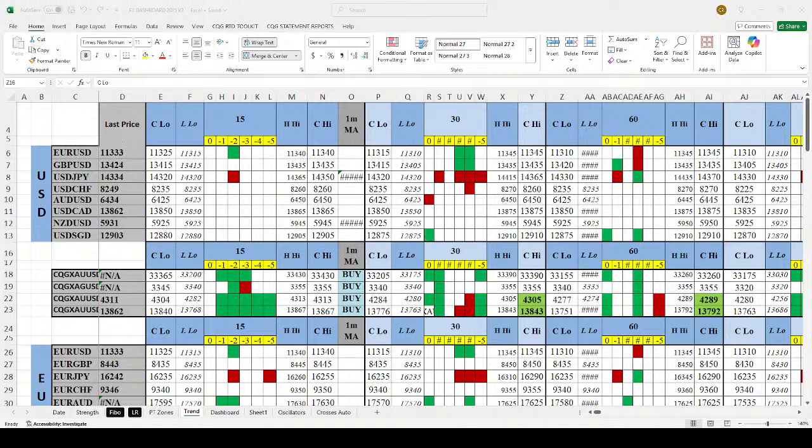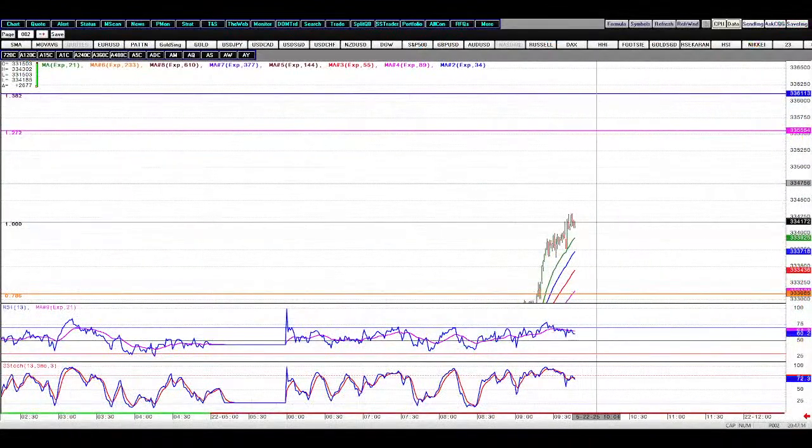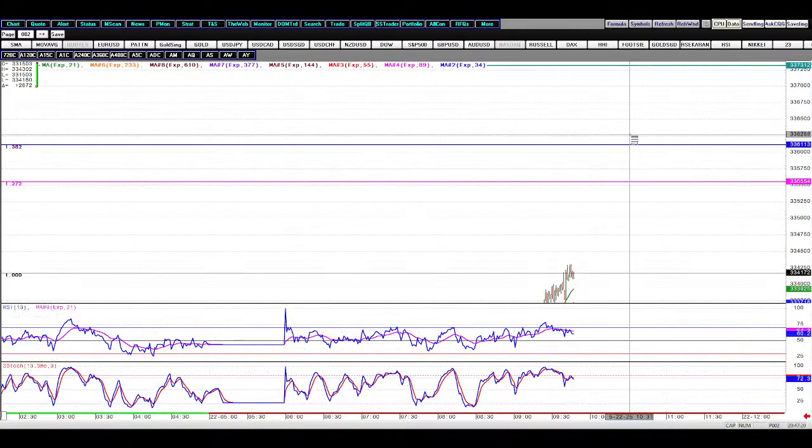Since this is a good question, what we will do is, I know that the market is going to do a correction at 60, so we will put our stop at 60.